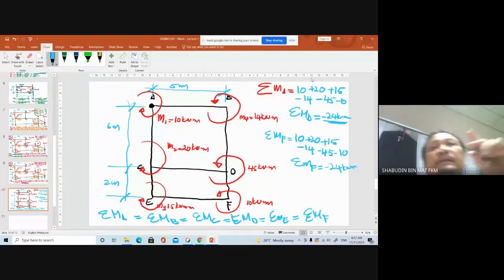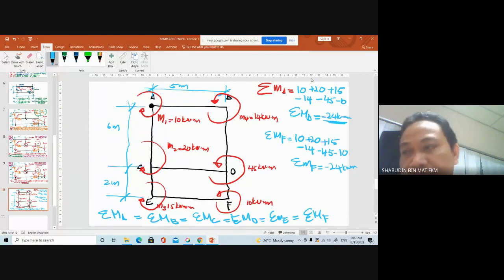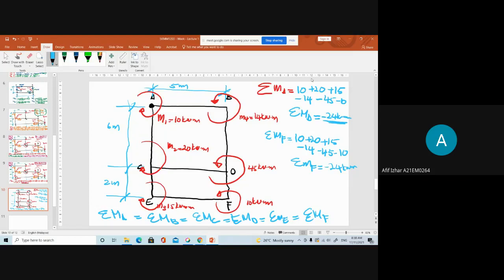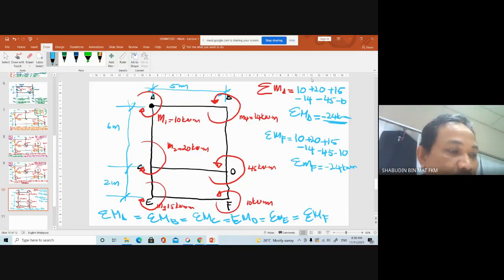It's telling you that in a system of structures or rigid bodies, if you apply a moment only to the system, okay, are you listening to me? Yes, sir. If you apply a moment only, the summation of moment everywhere in the system is consistent.